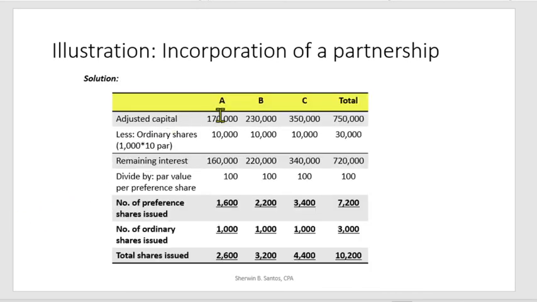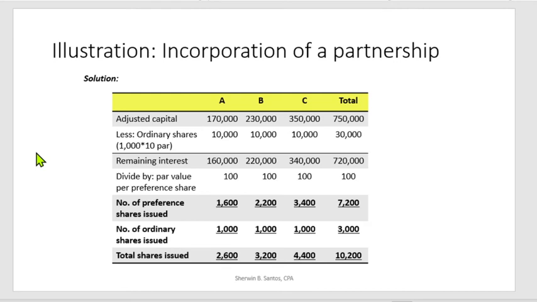So balikan mo yung item doon sa adjusted capital dahil tuloy-tuloy lang yung computation related to these cases. So ang adjusted capital mo based on the previous illustrations ay 750,000. Okay. Ang sabi dito sa problem ay ang gusto lang daw ng bawat partner ay merong 1,000 shares each.